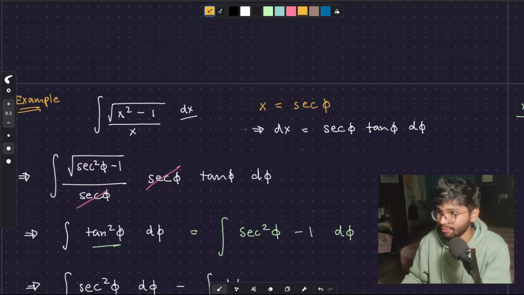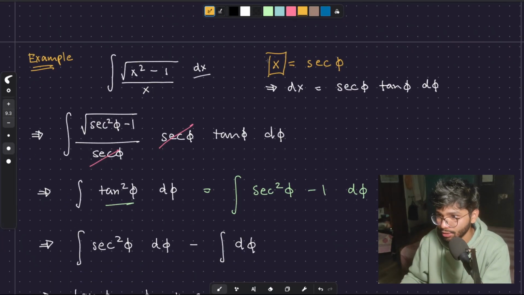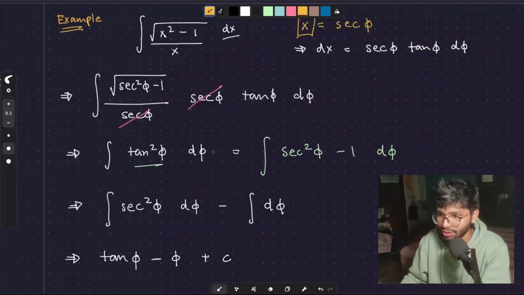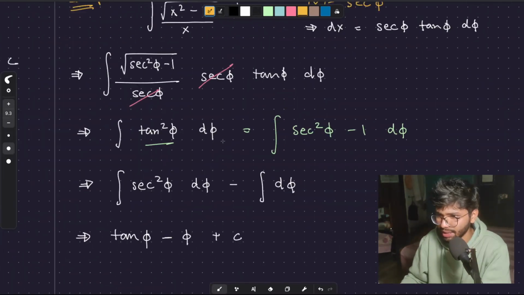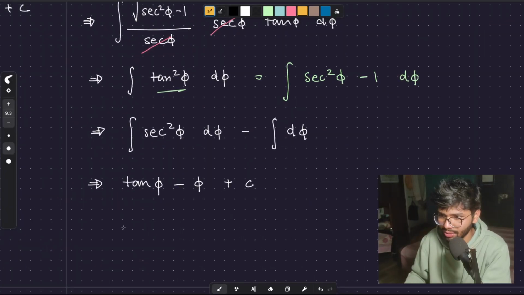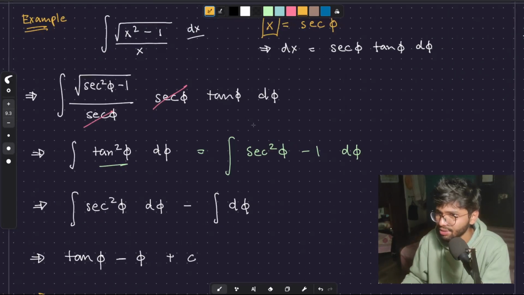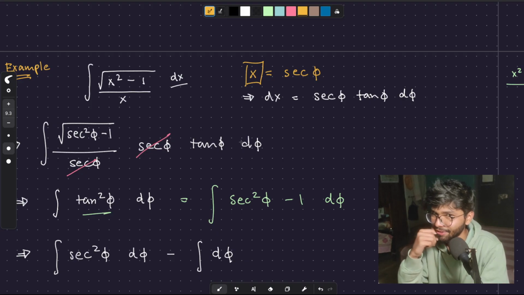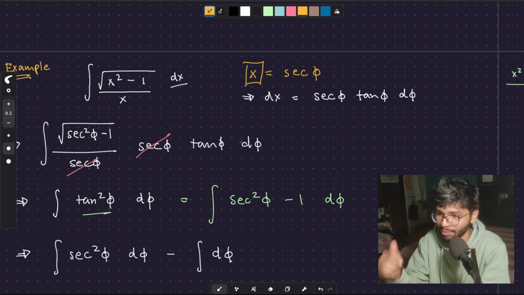So here's what we did. We picked x to be secant of phi. So what's x going to be? What's phi going to be? Phi is going to be the reverse of this thing. Oh, okay. For the first time, I am stuck in a loophole. All right.